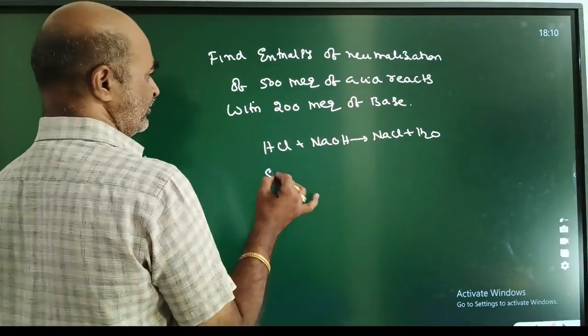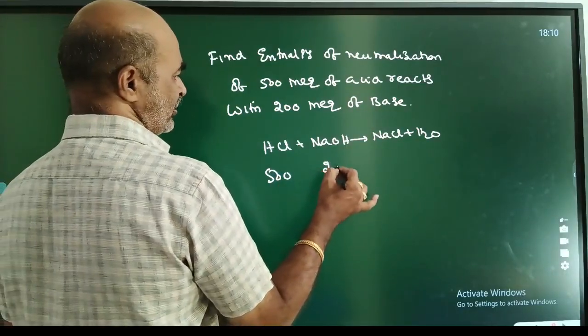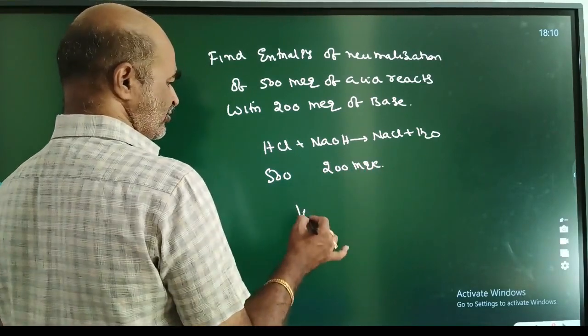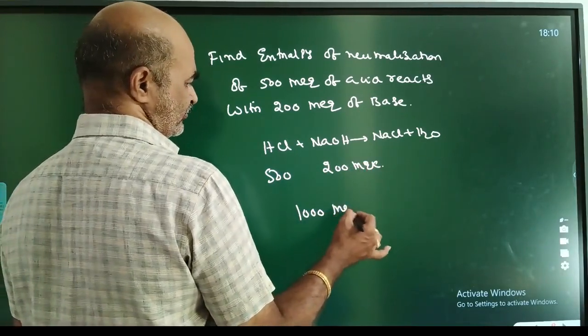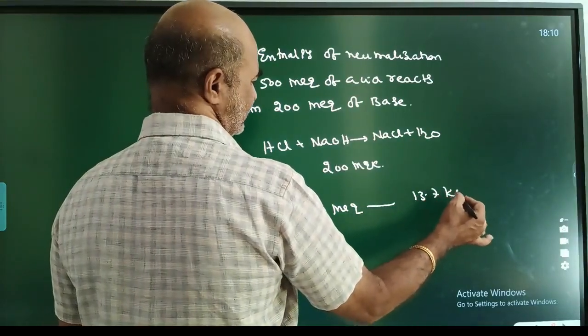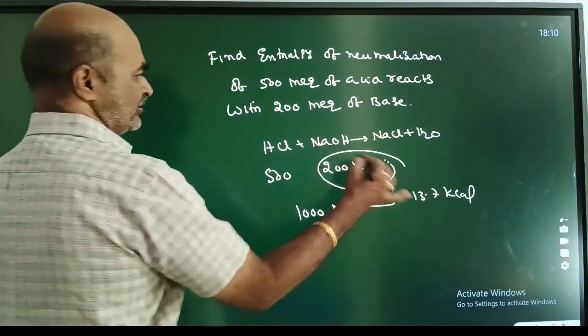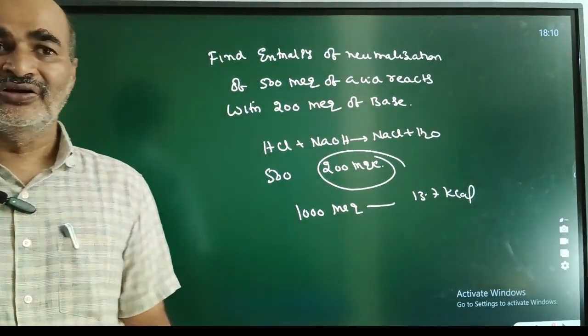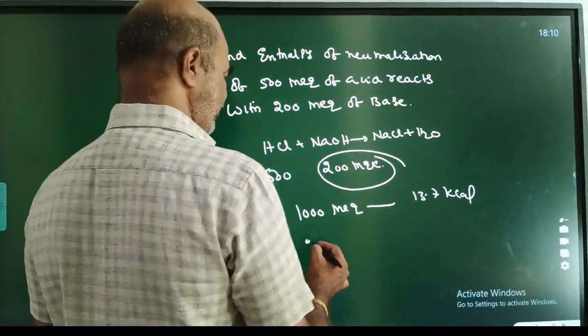Acid 500 milliequivalents, base 200 milliequivalents. For 1000 milliequivalents, the heat of neutralization is 13.7 kilocalories. Here the limiting reagent is NaOH, only 200 milliequivalents.